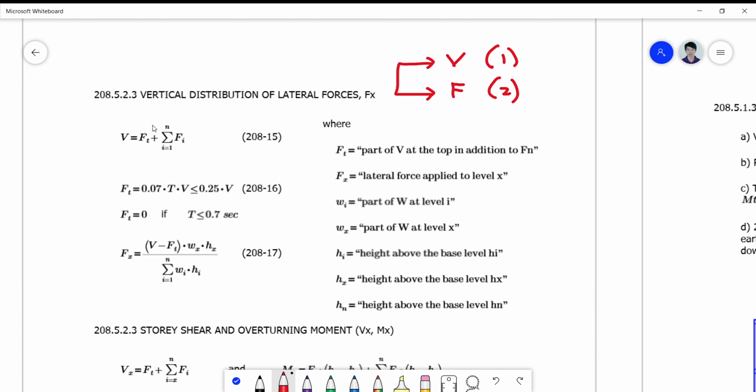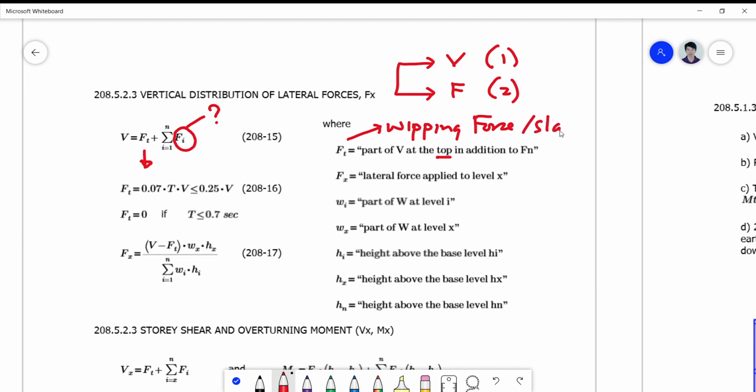And the Ft and Fi's, these are now the unknowns. Ft is another additional force at the tip or at the top, so it's actually a part of the base shear, which is called the whipping force, or the slashing force.